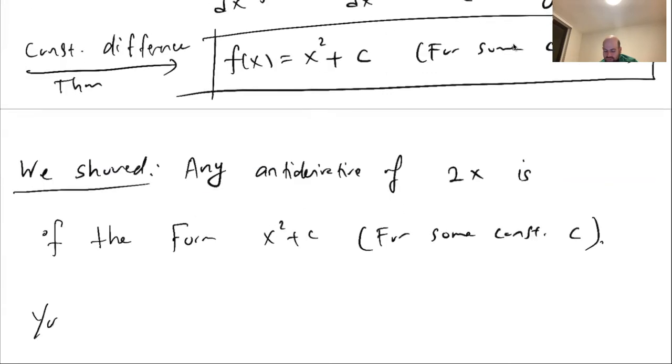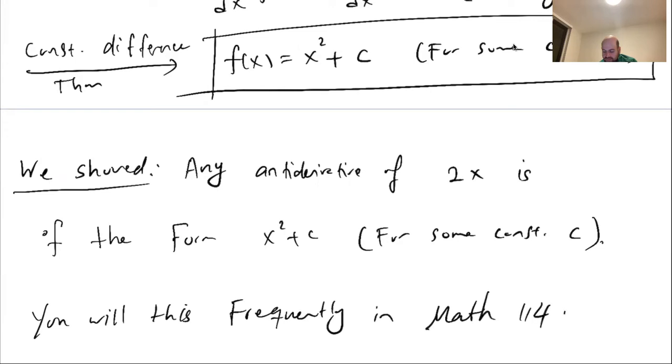So you will use this fact frequently in Math 140. Another name for antiderivative is indefinite integral. So the indefinite integral of 2x is x squared plus c.